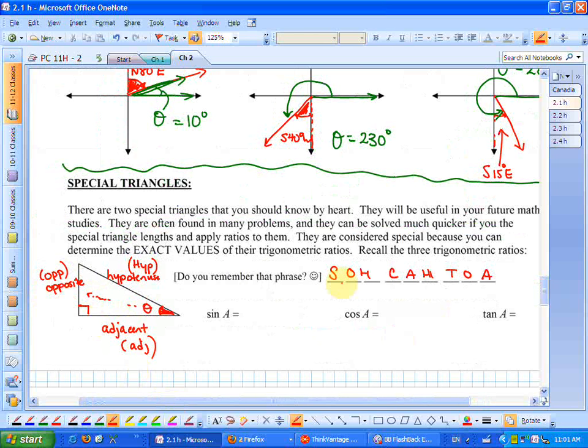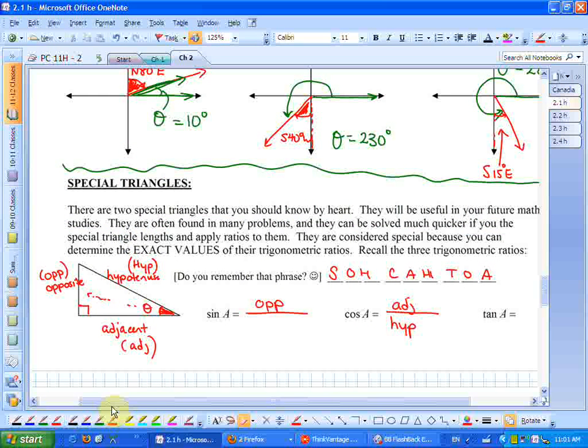Well, S stands for sine. So sine of an angle A is the same thing as the length of the opposite side. So I'll just write down OPP divided by the length of the adjacent side. That's ADJ. Okay. Similarly with cosine, adjacent over hypotenuse. Thank you. You are listening. Opposite over what?